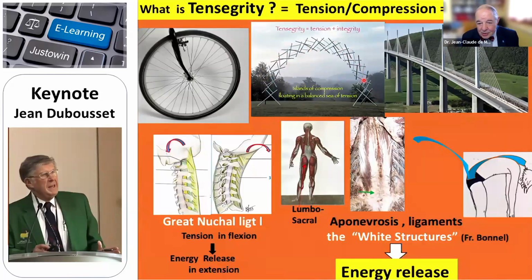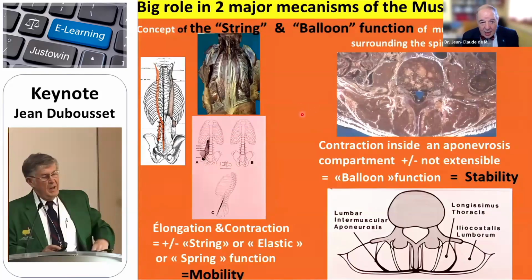Dubousset, we also worked together with the concept of tensegrity. He worked also on muscle function. That is very important because the muscle is both together a string and a balloon.